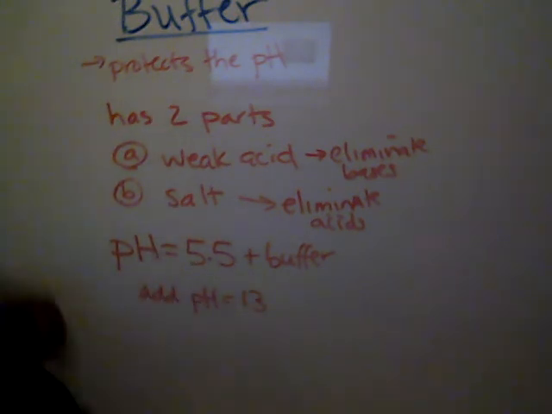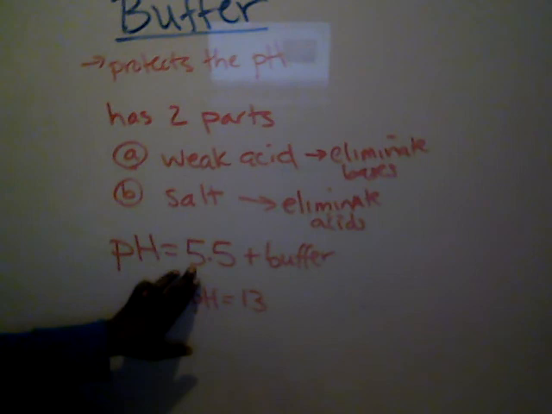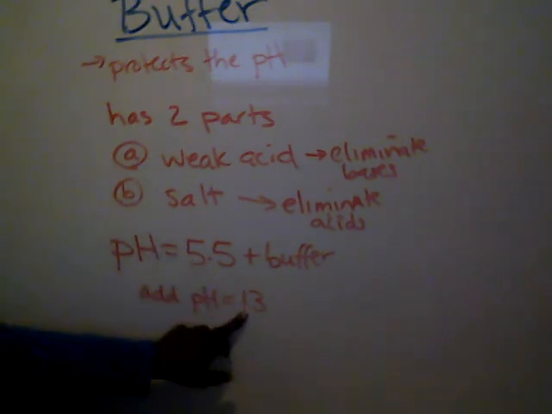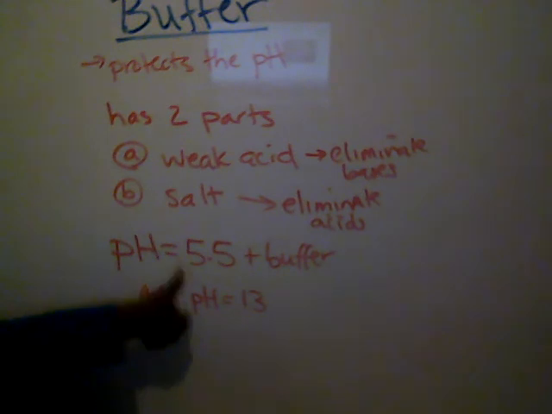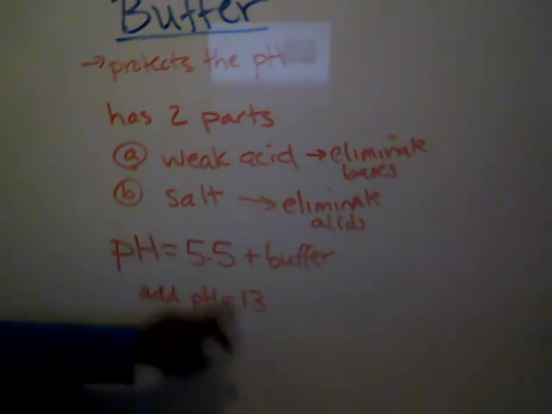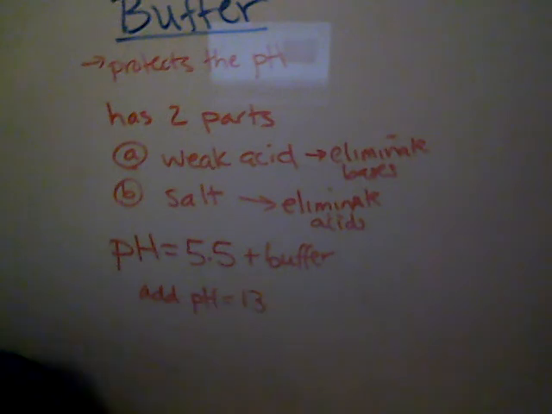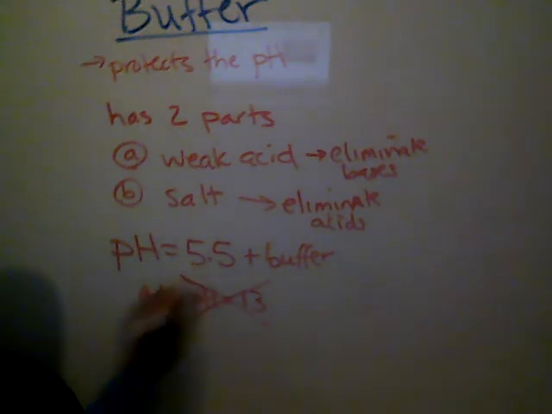Without a buffer, the pH would probably get pulled closer to 9 or 10 to average those two numbers out. But that doesn't happen. The buffer counteracts it to make sure the pH doesn't change.